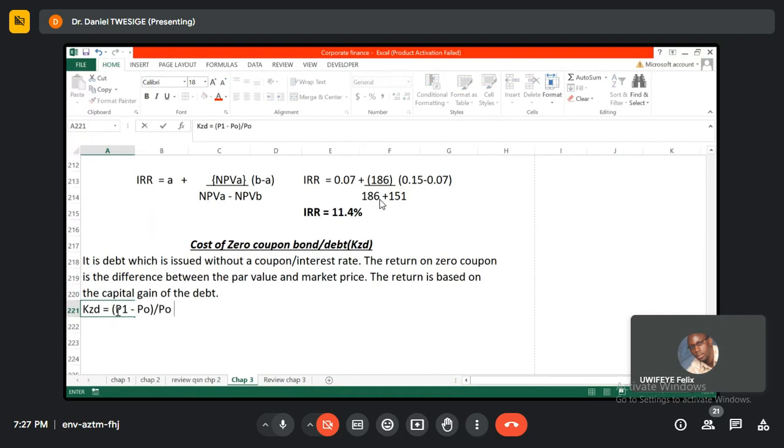Simple like that, I get the return on that coupon. That's going to be the cost. So that divided by P1, not P0. Divided by the P1, the current market price. Then you get the return or the cost of the coupon debt.